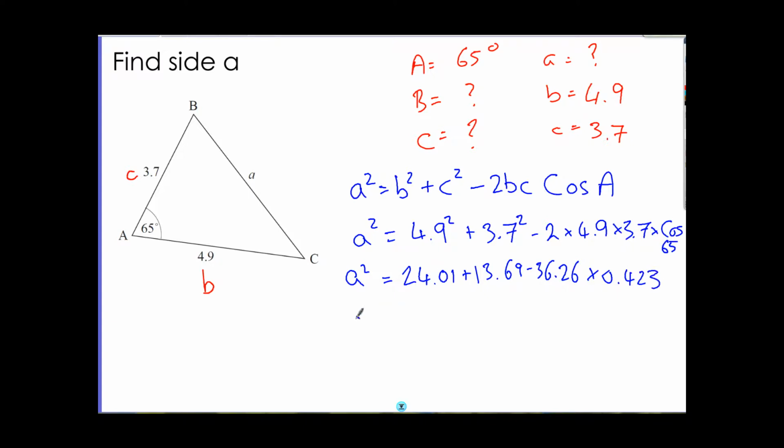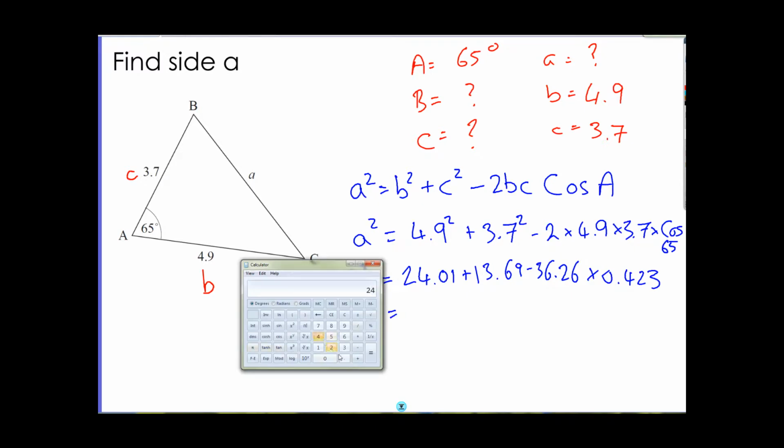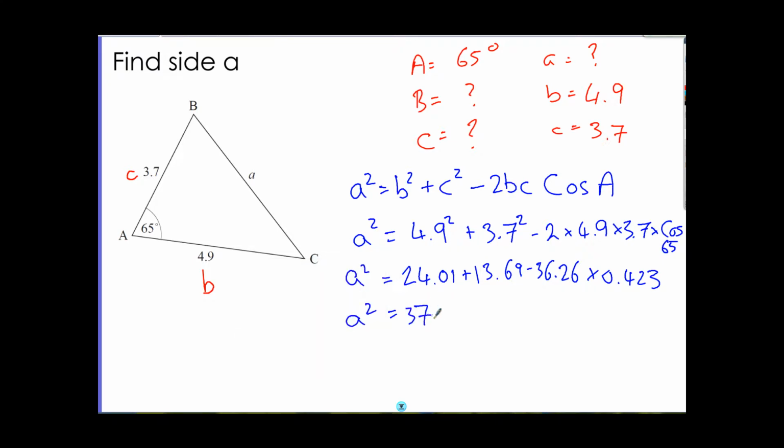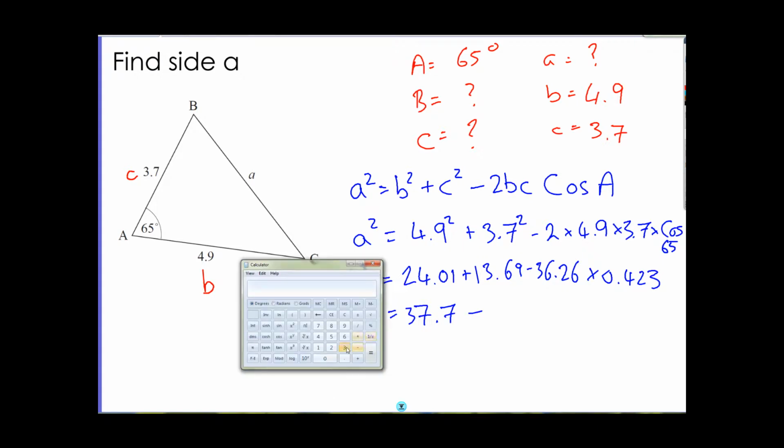Next line down, let's work out some more of those numbers. 24.01 plus 13.69 is 37.7. I'm going to take away 36.26 times by 0.423, which is 15.34.